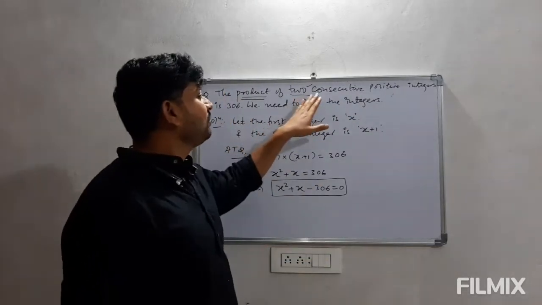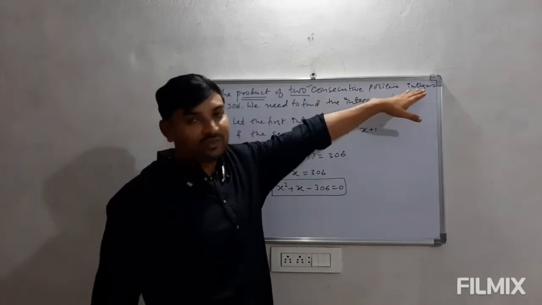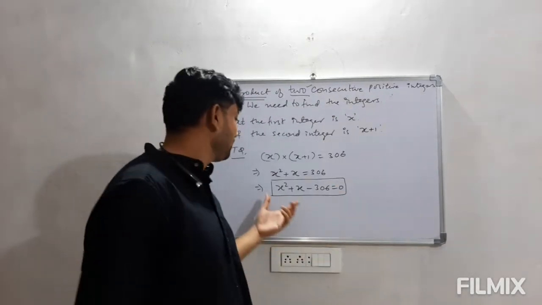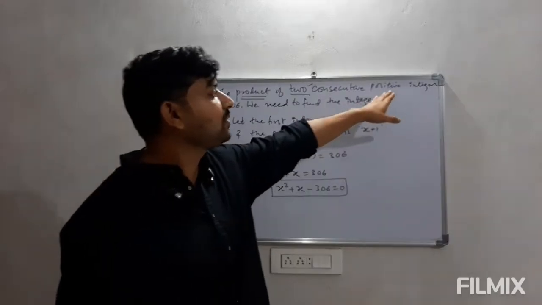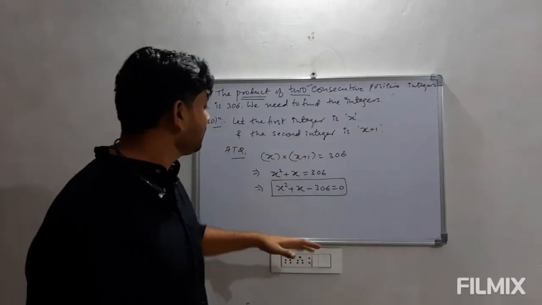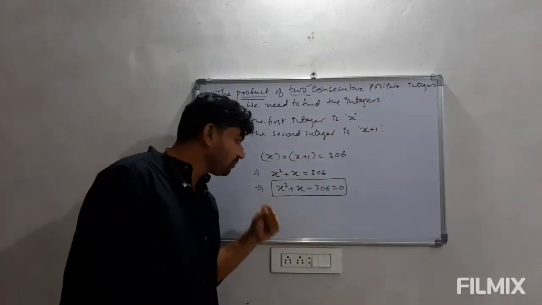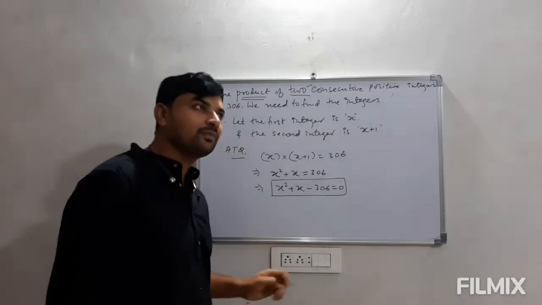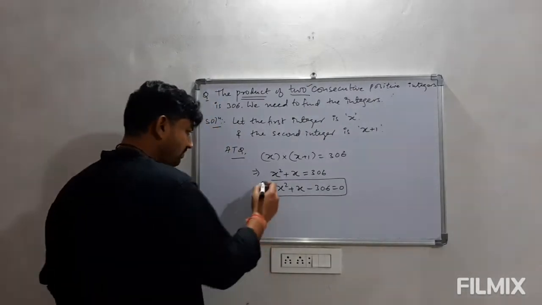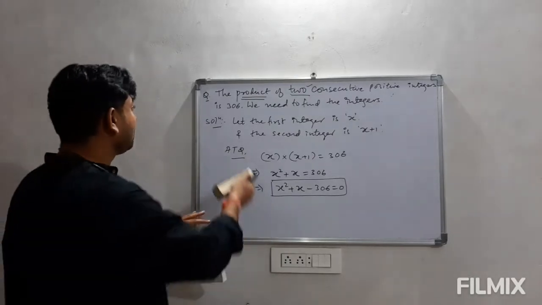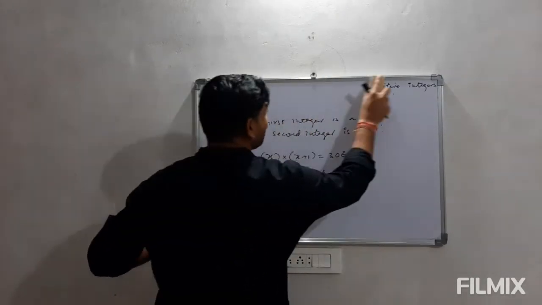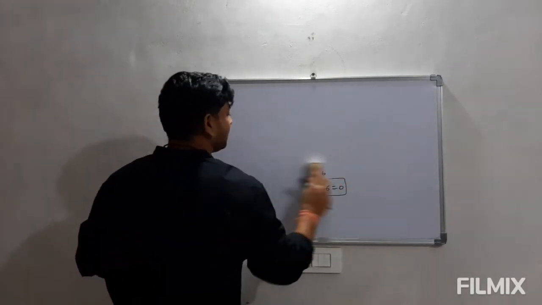Then we have to take only the positive value so that we have a unique answer here, because we have to take only positive integers as per the question. So for the solution of this, we have different methods, and I will take up the names of these methods now. So the next part here is the solution of a quadratic equation.